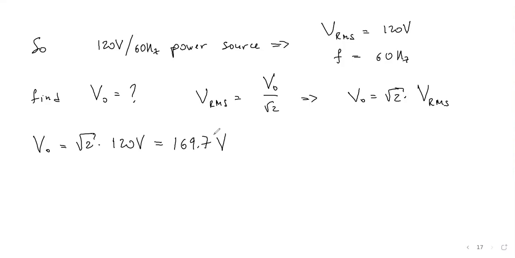On average, it's still zero. The standard deviation is 120, and the peak value is close to 170. So if it's crucial for you that the voltage shouldn't exceed certain value, then you should think about peak value. Because what you're given is 120, and this is your average.